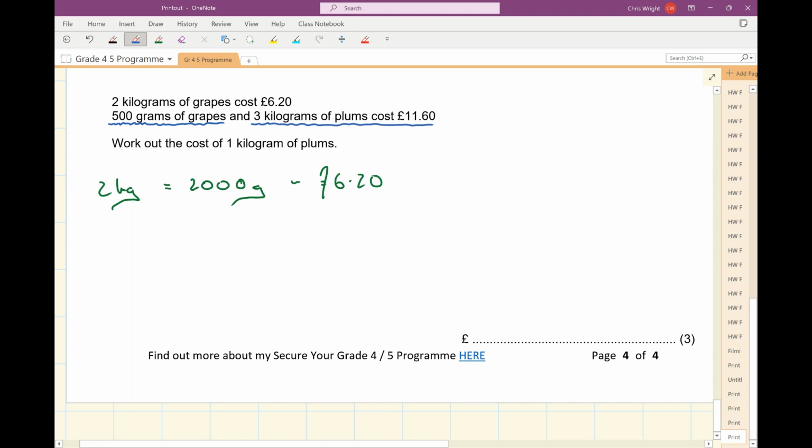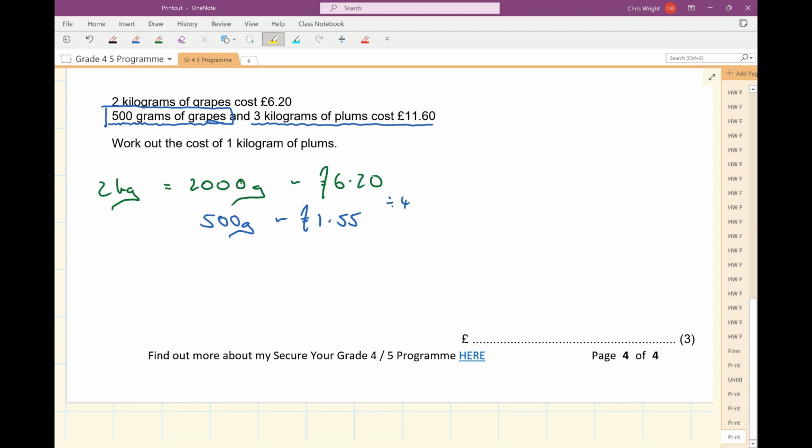Oh, well, I wonder if I can work out how much those 500 grams of grapes will cost. Because I know that 2,000 grams of grapes cost £6.20. So I'm just going to divide that by 4. So 500 grams of grapes will be £1.55, right?